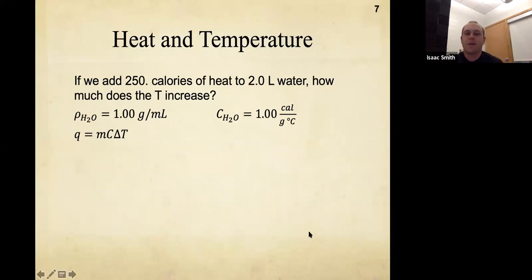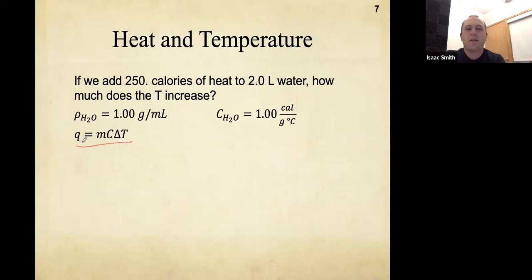Okay, so here's an example problem where we can use that equation right here. If we add 250 calories of heat to 2 liters of water, how much does the temperature increase? So now we know enough to be able to solve this problem. Q equals MCAT.